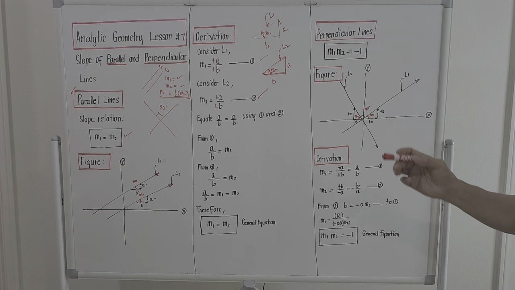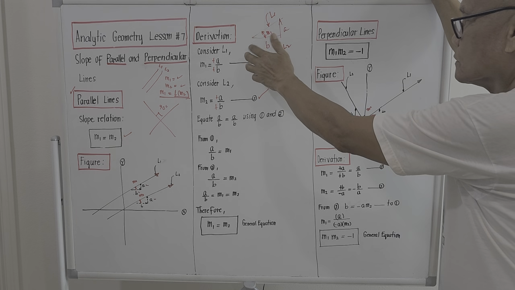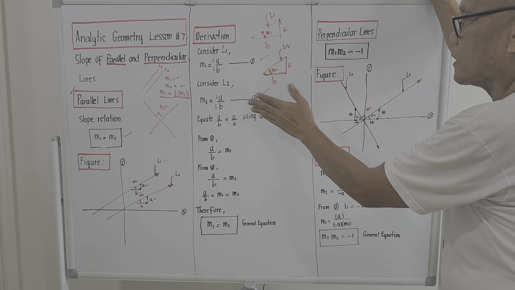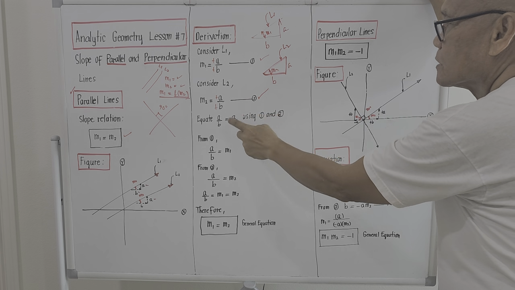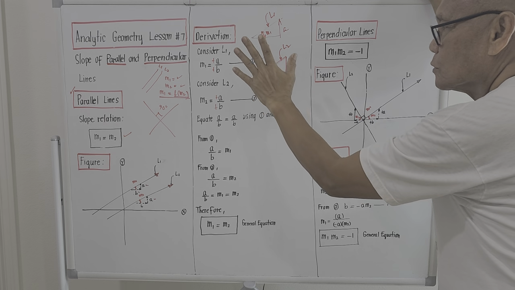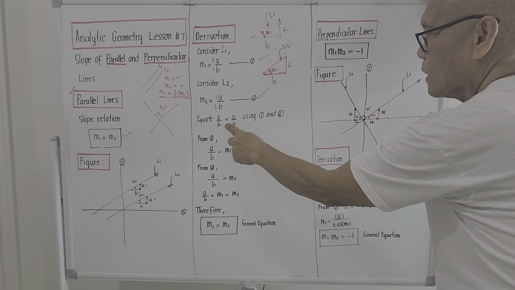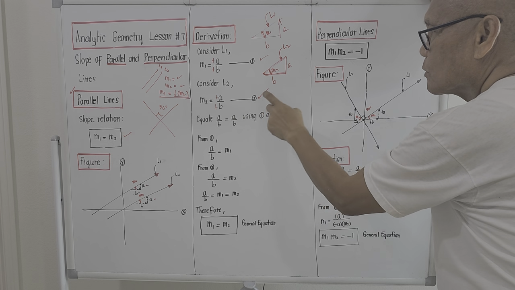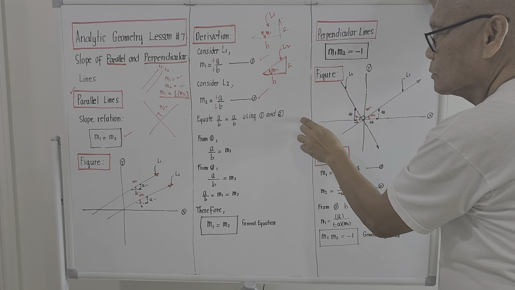Okay, so to derive now the relation, we are given two equations. There is a ratio A over B using equation number 1, and there is a ratio A over B using equation number 2. So we will equate A over B from 1, and this should be equal to the ratio A over B from equation number 2.